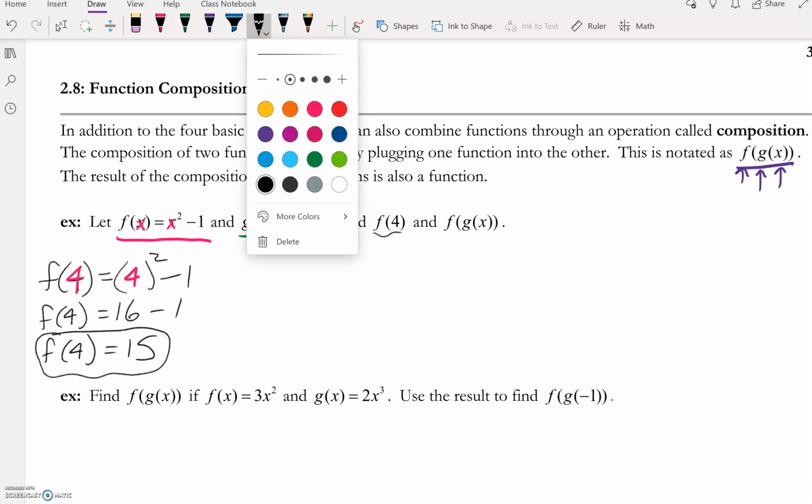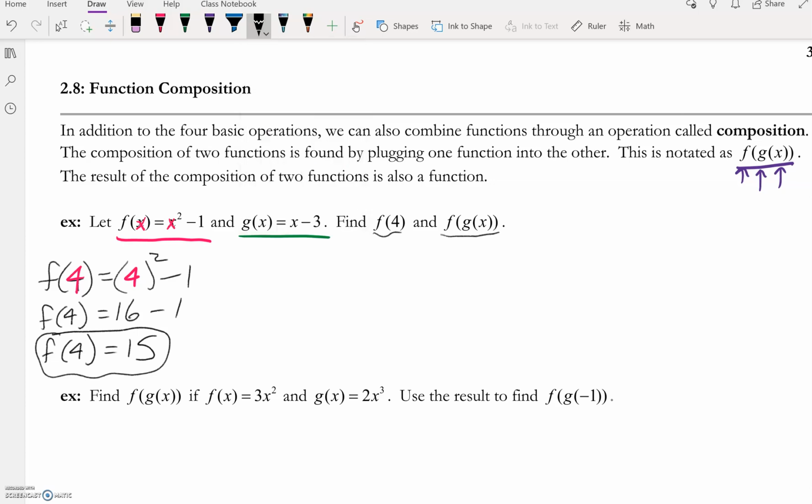We've been plugging in different values like that using function notation for a while. Now we're going to see what it looks like if I'm given f of g of x. Just like before, I write it down first, f of g of x. Just like f of 4, everywhere you see an x in that f function, you plug in a 4. Now everywhere I see an x, I need to plug in this whole function, g of x.